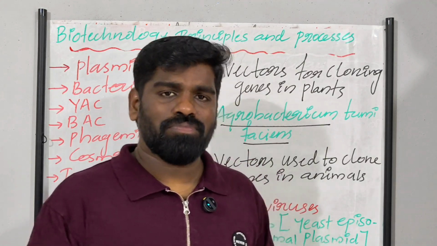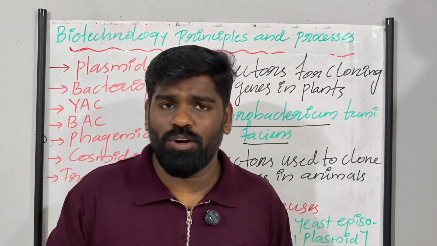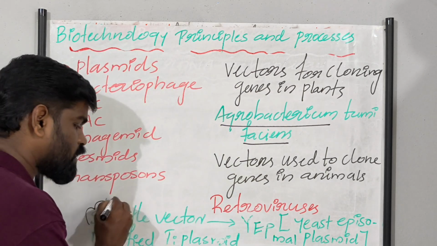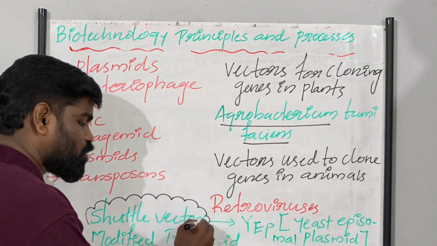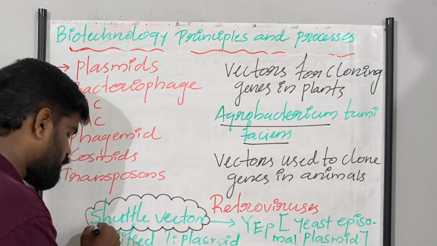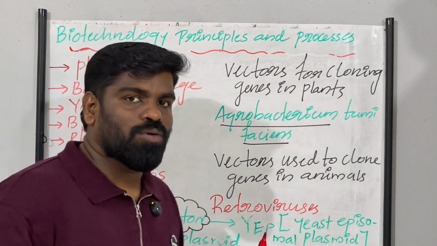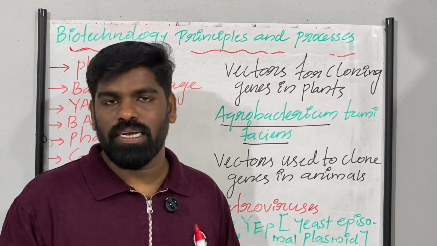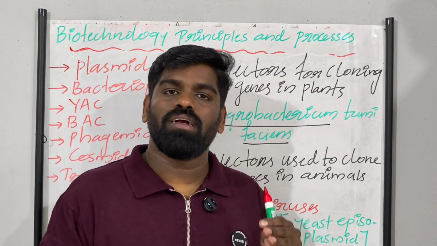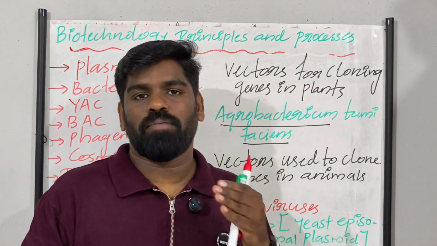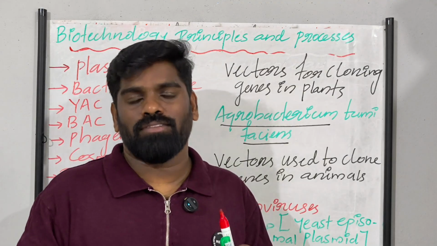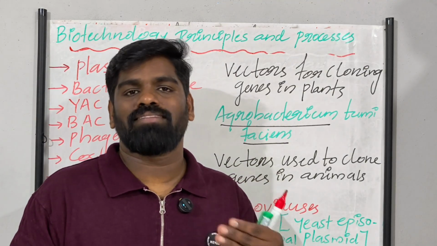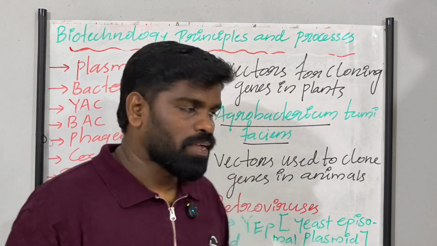Now there is one more terminology that we have to keep in our mind, that is shuttle vector. A shuttle vector means a vector which can replicate in both eukaryotes and prokaryotes. That means it has ORI sites for replicating in eukaryotic cells as well as in prokaryotic cells.